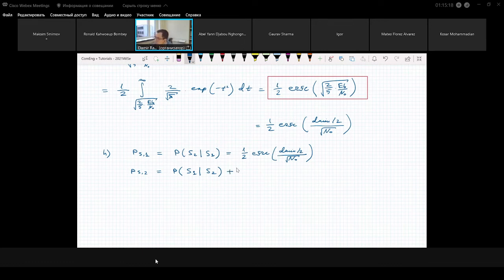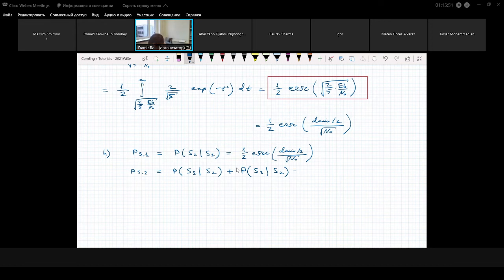This is slightly different from what we did before, because here we do not normalize; we just calculate the summation. Each probability can be described by the expression that we derived previously: 1/2 complementary error function of d min over 2 divided by square root of N0.